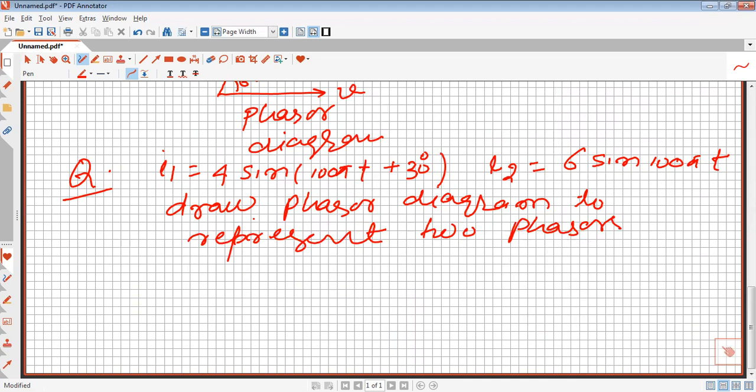Suppose this is the maximum magnitude of I2, IM2, which is equal to 6, and this is IM1, the maximum magnitude of I1, and this angle is 30 degrees and this angle is 0. It means I1 is 30 degrees ahead of I2.